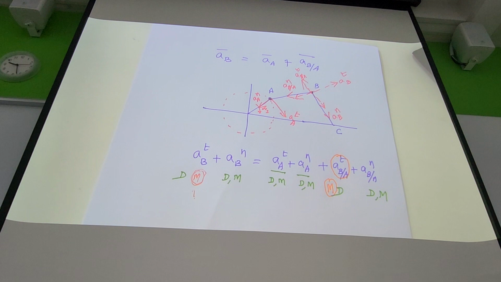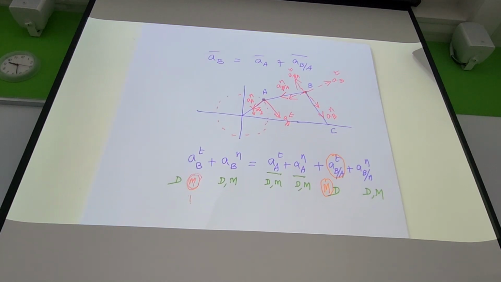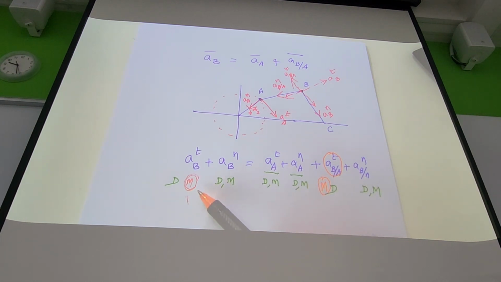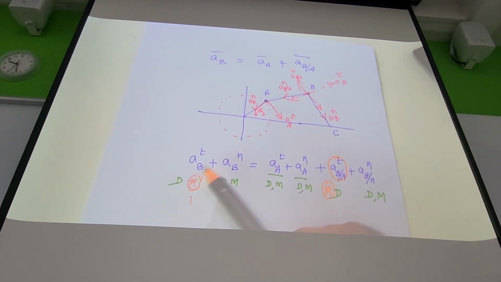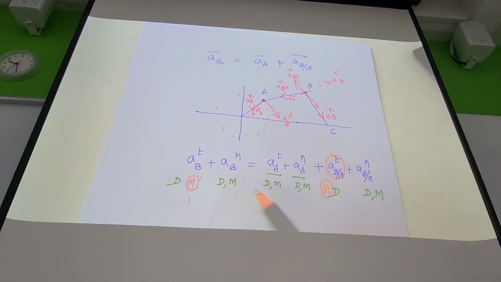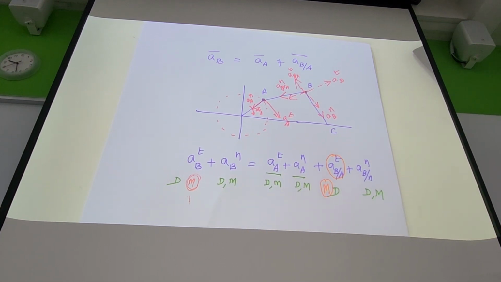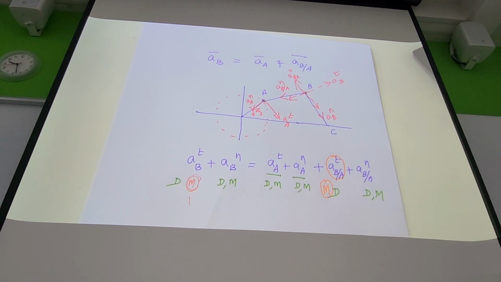So we need to draw now the acceleration polygons for all the known things and complete the polygon and measure acceleration of B tangent and acceleration of BA tangent. Because you know the magnitudes and the directions of all other things, you should be able to complete the polygon.